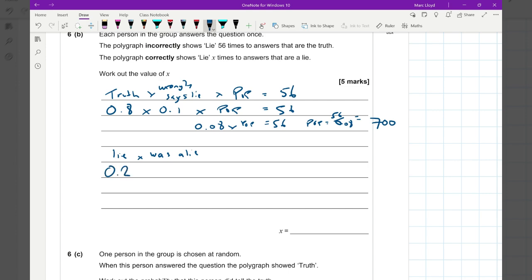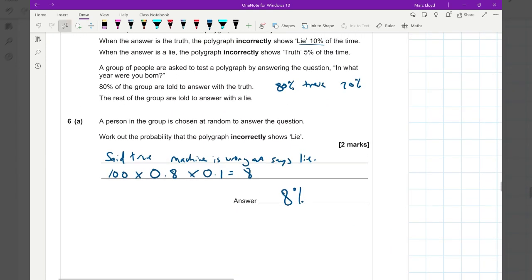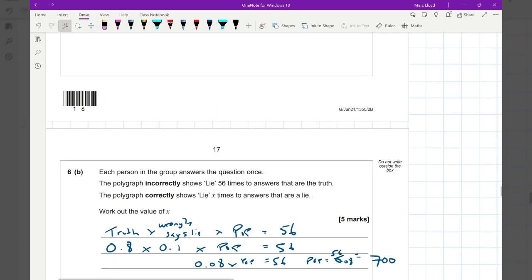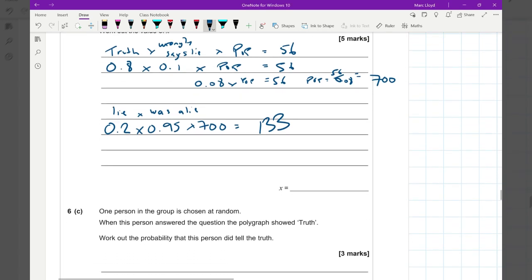So 0.2. And it was a lie, which means that's the 95% of people. And then we times it by 700. So 0.2 times by 0.95 times by the 700 people, 133. And that gives me confidence because we've got a whole number. Whew, this is a tough 10 marks. It's just all the words.